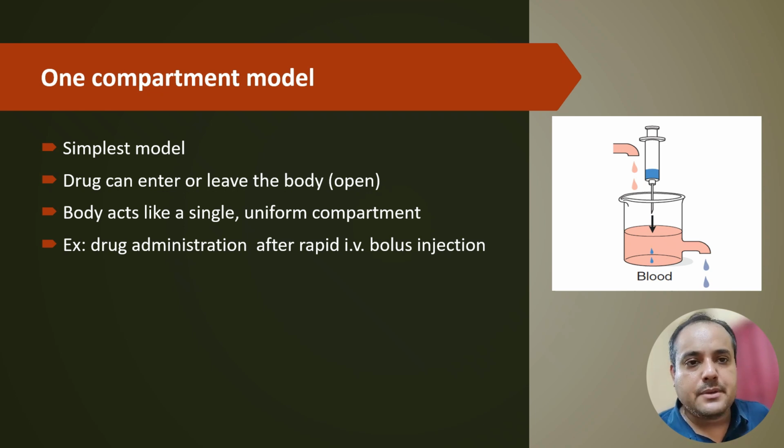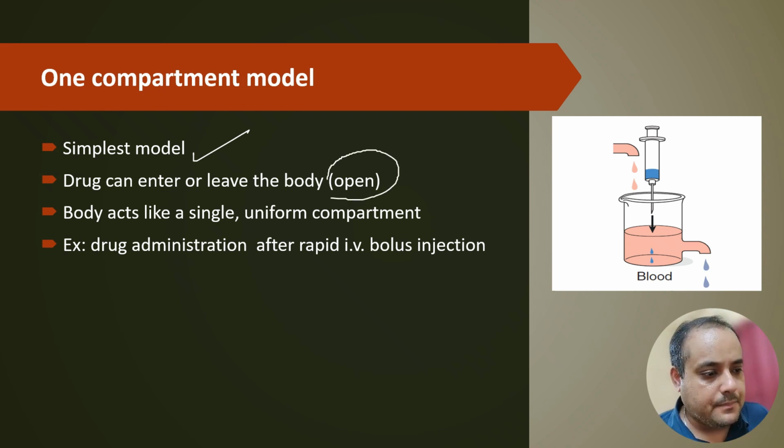Now coming on to the one compartment model. The one compartment model is the simplest model. This model is an open kind of model. Why open? Because the drug can enter as well as it can leave the body. Now see, if you come into this picture, suppose through this injection I am giving the drug into the blood, okay, and the drug can be eliminated from here.